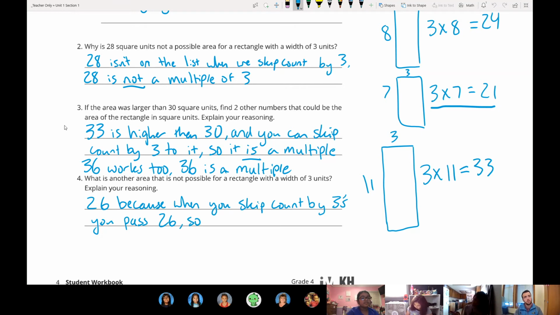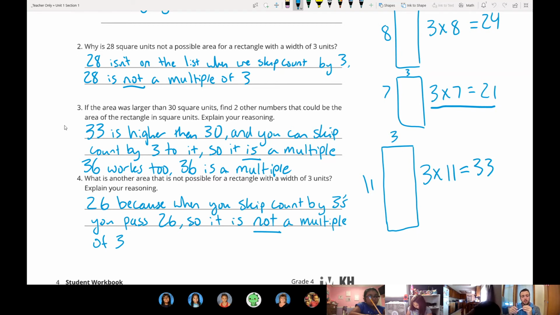So is it a multiple or is it not a multiple of 3? Not a multiple. So it is not, underline, not a multiple of 3. All right, very good, Camila.